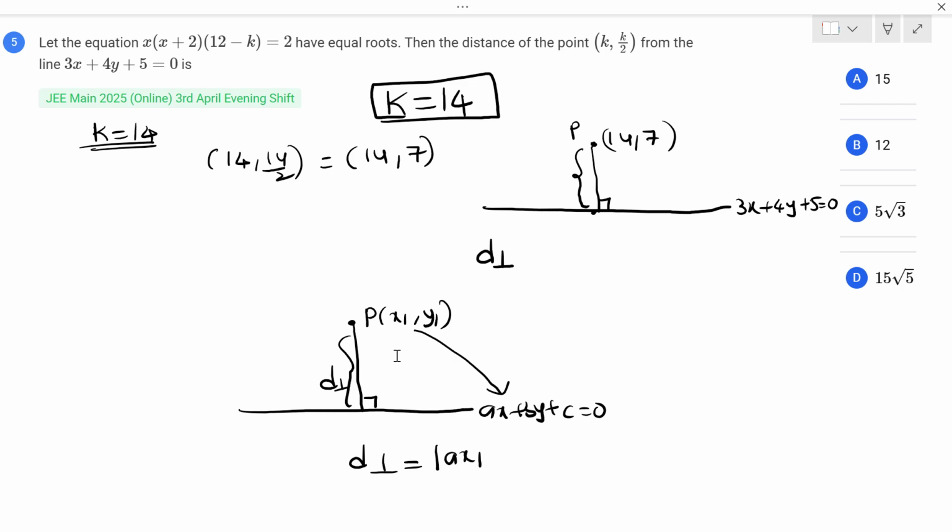That would be ax1 plus by1 plus c divided by the square root of a square, where a is the coefficient of x, plus b square, where b is the coefficient of y.